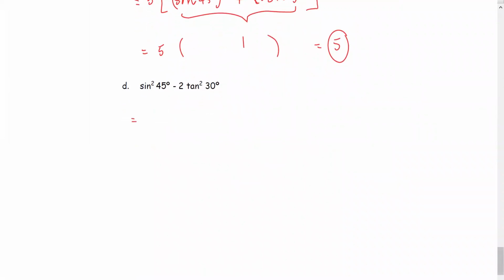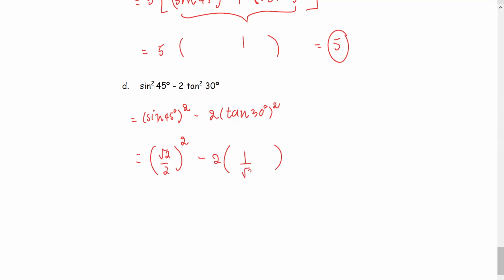Next, sine square of 45 degrees minus 2 times the tangent square of 30 degrees. Sine square 45 is the same as sine of 45 degrees squared minus 2 times the tangent of 30 degrees squared. And from the table, sine of 45 degrees is square root 2 over 2, quantity squared, minus 2 times the tangent of 30 degrees, which is 1 over square root 3, and quantity squared.